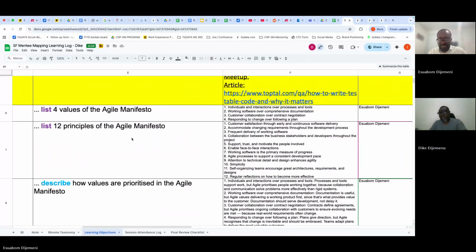The first objective I had was to list 4 values of the Agile Manifesto. Looking at the Scrum Guide, I was able to find in total 4 values of the Agile Manifesto. The first is individuals and interactions over processes and tools.